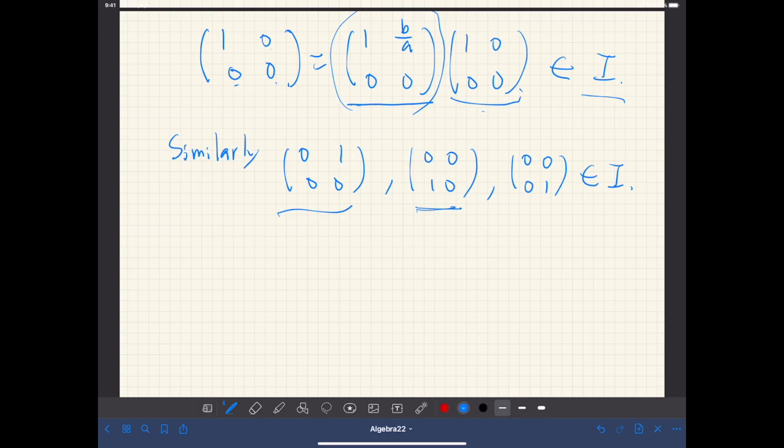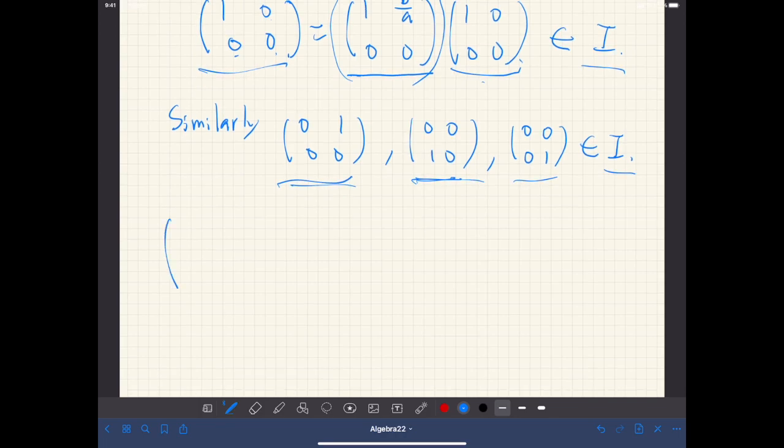So since all of these four matrices are elements of I, we can express any matrix X, Y, Z, W as follows.